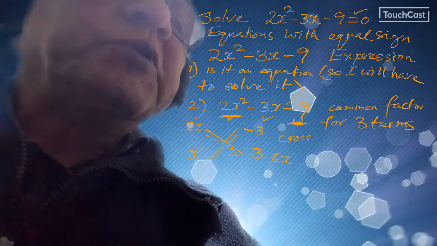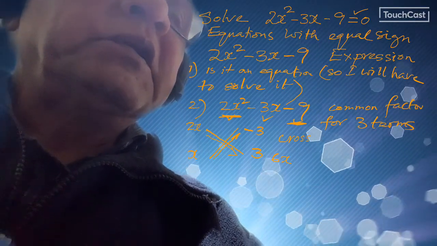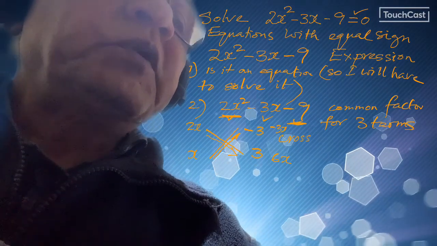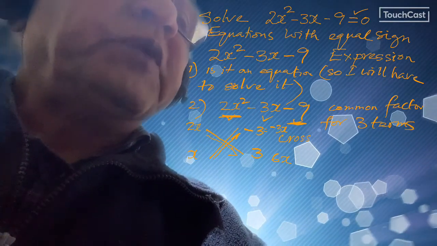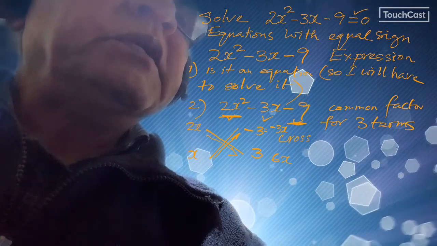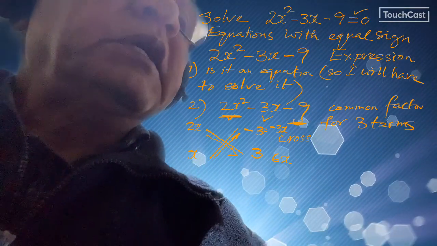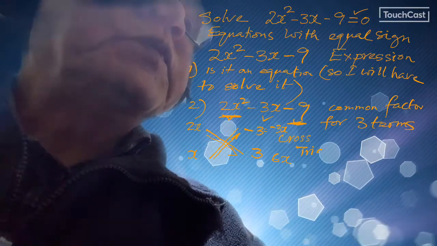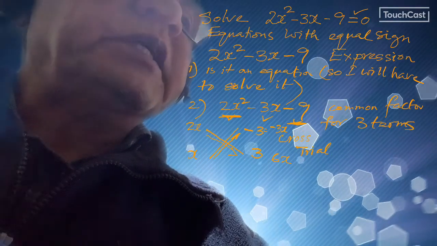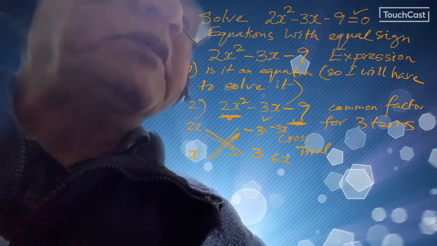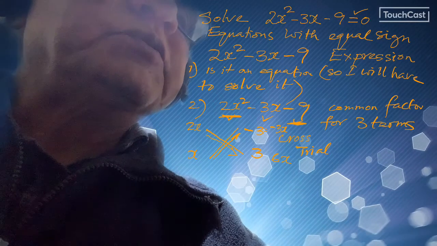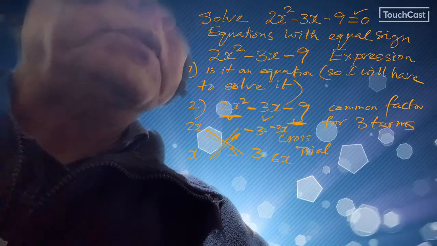And if I multiply along this line, this will give you a negative 3x. And if I add them together, does it give me negative 3x? The difficulty with this trial, it gives you positive 3x. 6x minus 3x will give you positive 3x, which is not going to work.